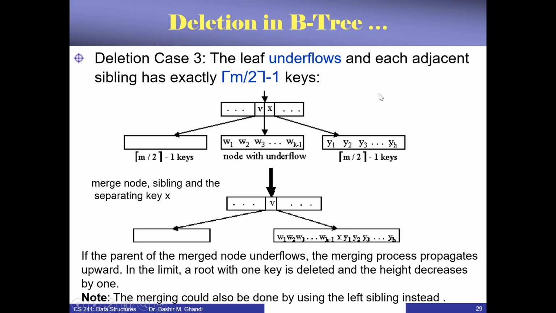But if you cannot, you have to do another merge, and this merge can propagate upwards. In the limit, the root with only one key will be deleted, and the height of the tree will decrease. So just like insertion can increase the height of the tree, deletion may result through this merging process in reducing the height of the tree. And we're going to see this in an example.